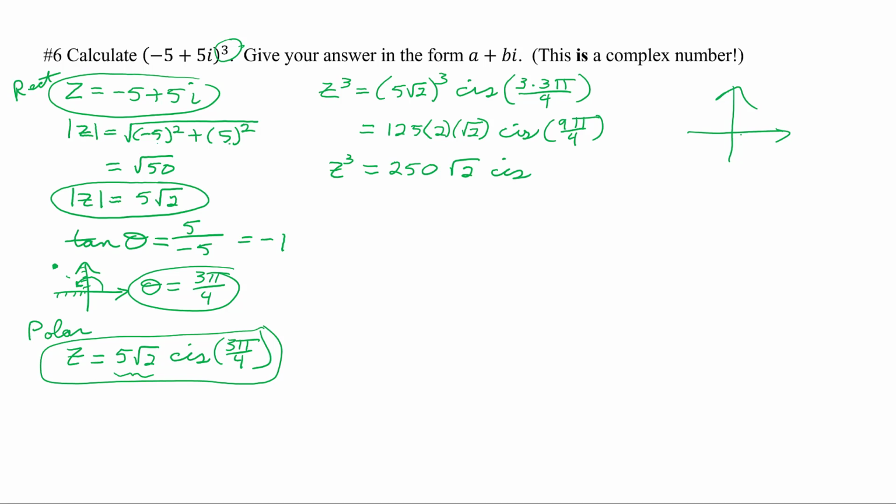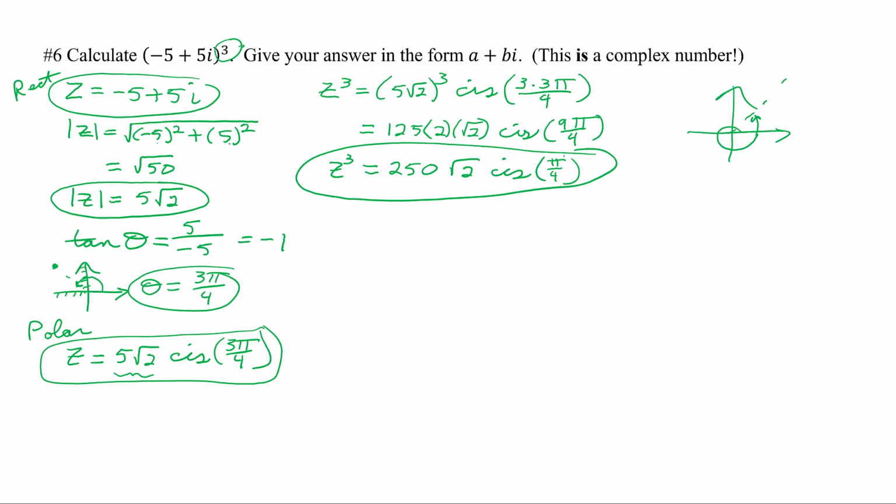We'd go around, 8 pi over 4 would take us here, and then 1 more pi fourths would take us into the first quadrant. So a coterminal angle with 9 pi over 4 is pi fourths. And that's how we want to write our z cubed: 250 square root 2 cis pi fourths.